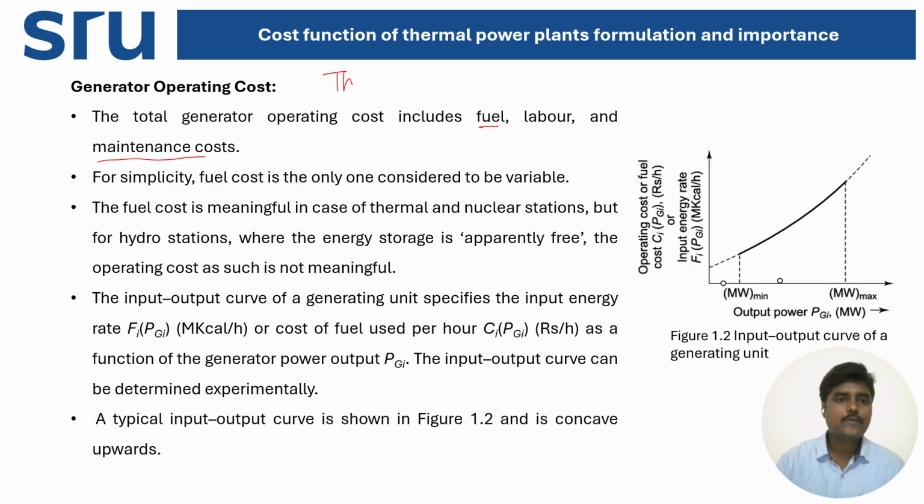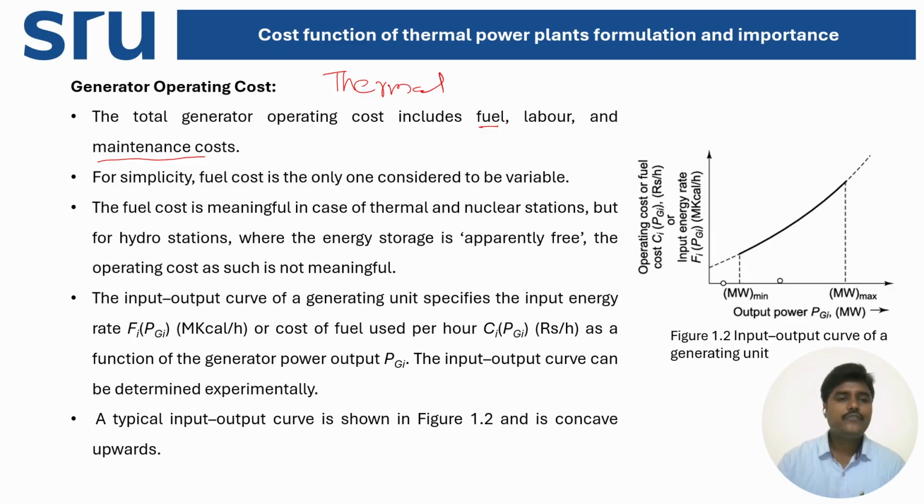It is not with respect to the hydro-based plant, because in a hydro-based power plant there is no fuel cost involved. As we are considering fuel cost here, the discussion is with respect to the thermal-based power plant.